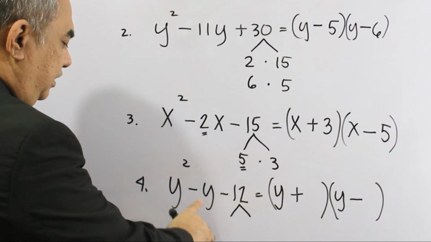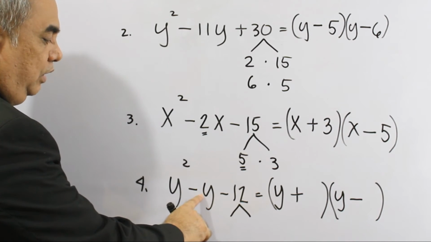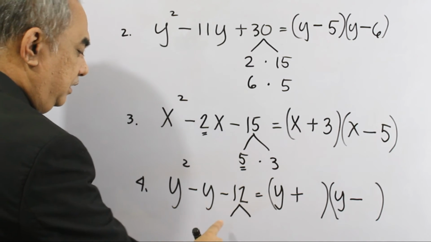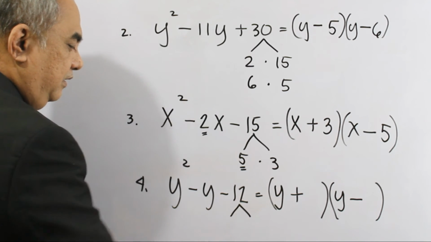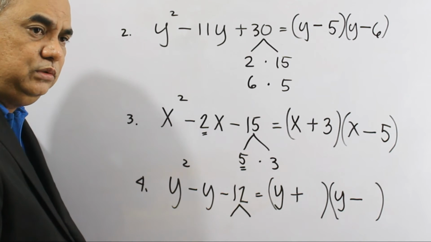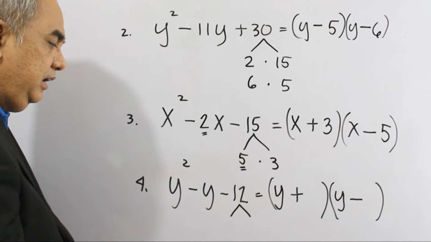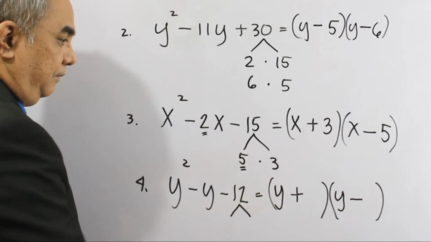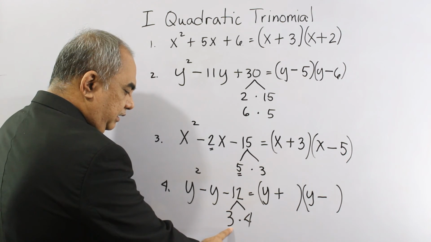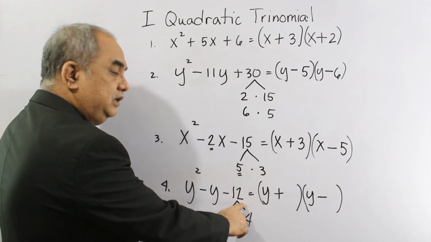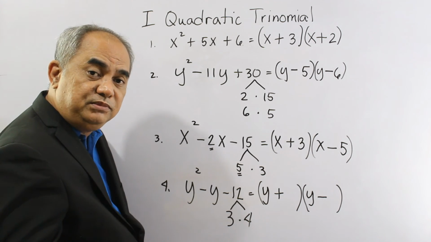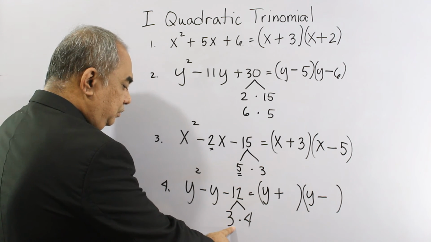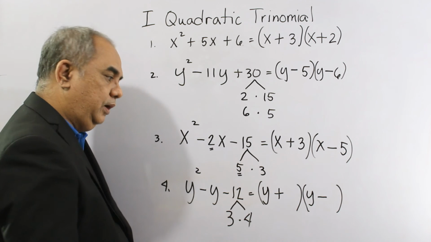In other words, the coefficient here will always be 1 if there's no number indicated in the coefficient. Alright? So, the factor of this 12 could be 6 times 2, 4 times 3, okay? But we choose the numbers whose difference is equal to 1. We find 3 here times 4 will give us a product of 12. And at the same time, when you subtract 4 by 3, it will give you a difference equal to 1.